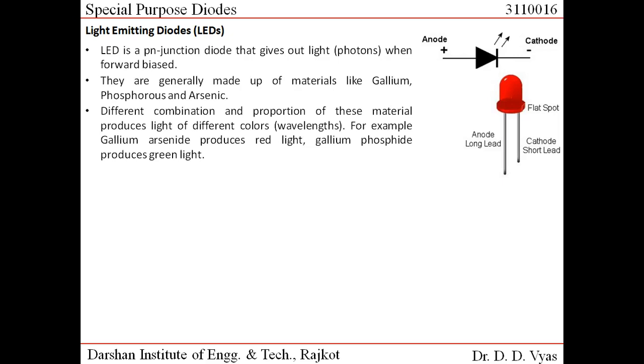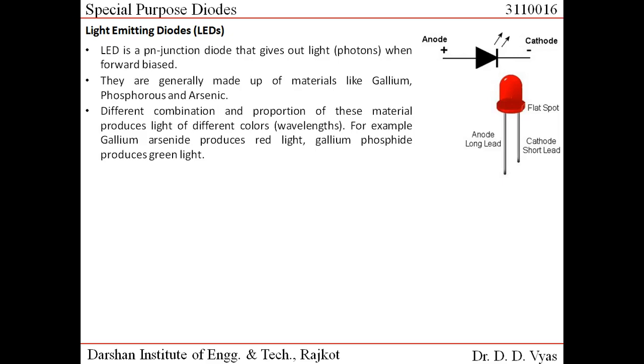When we say different colors, we basically understand that light is an electromagnetic signal which exists in the form of a wave, like a sinusoidal wave, which has a specific frequency. And lights of different colors are separate from one another in terms of their frequencies, or what we call wavelengths.